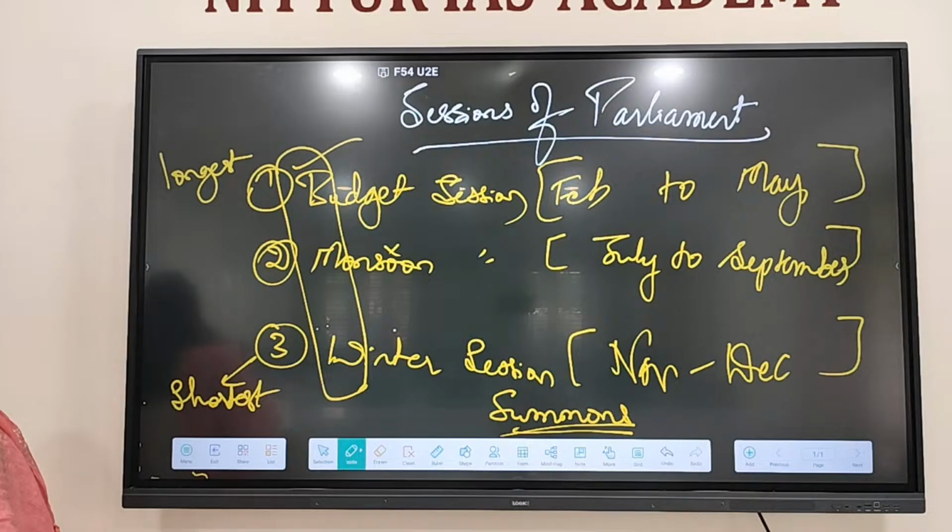Full stop. The maximum gap between two sessions of parliament cannot be more than 6 months. Full stop.